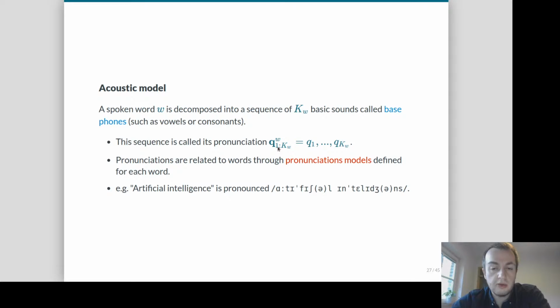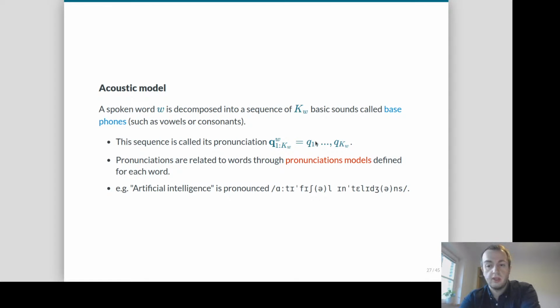Of course, a same word may have different pronunciations. For example, if we are dealing with accents, we could have the same word pronounced in different ways. So for the same W, we could have distinct pronunciation sequences like this.